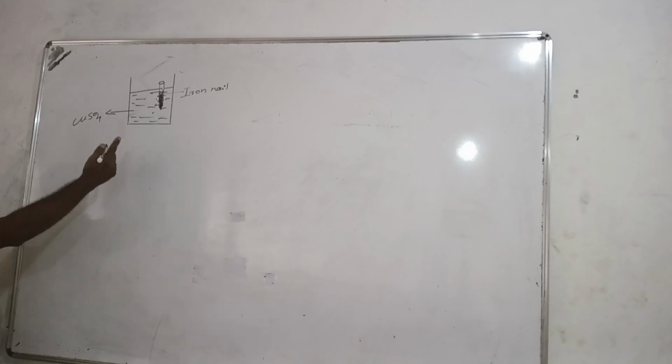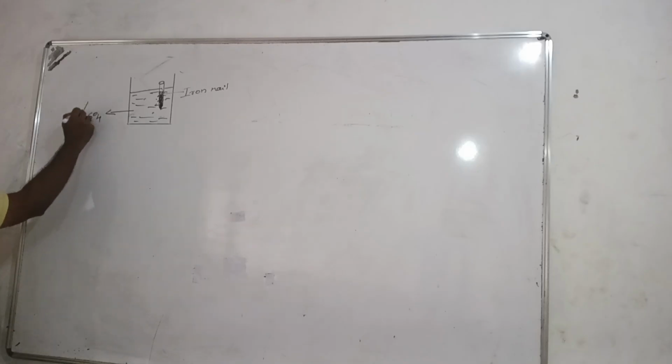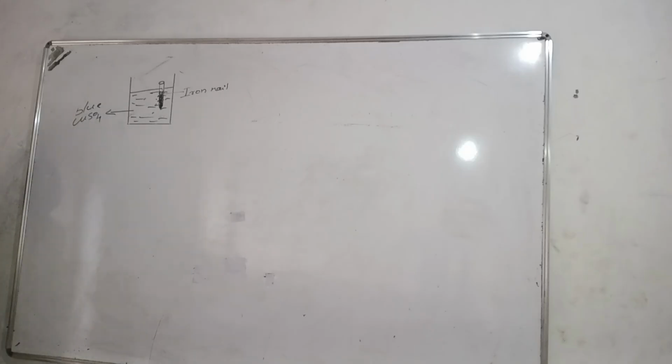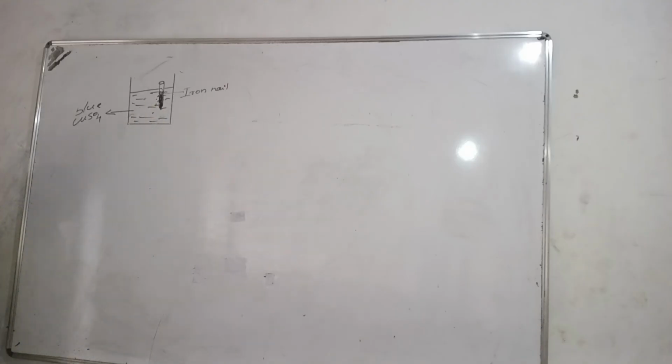After some time, the blue color of copper sulfate will slowly diminish or disappear, and the iron nail will be coated with a brown color. So what is the reaction here?